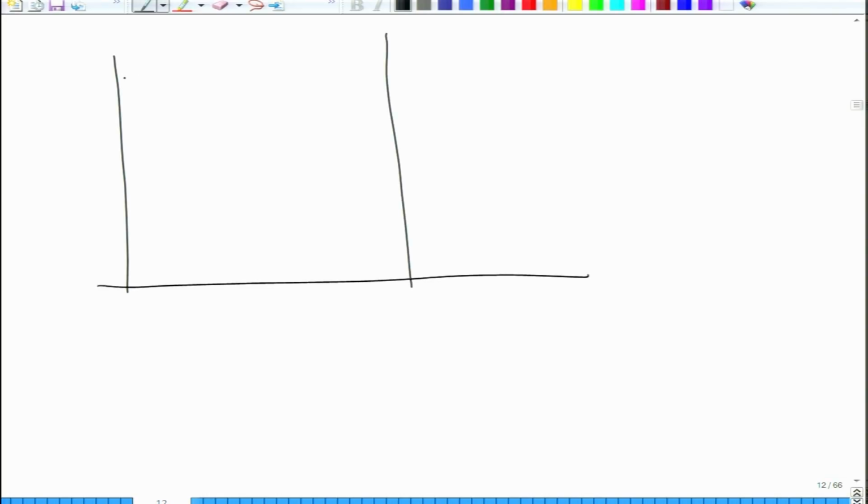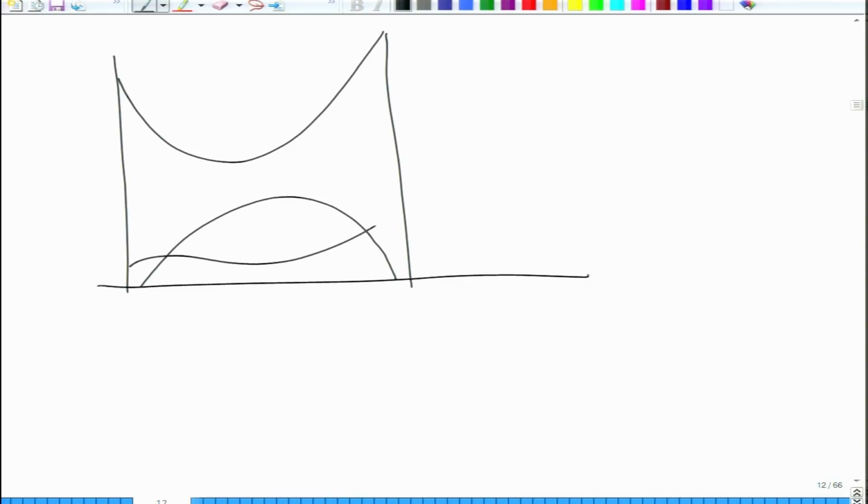Okay. Now, depending upon the position of this maxima and minima, I am not going to draw all the states. So, let us say this is the valence band, this is the conduction band, this is E, this is K, and K is a reciprocal space.